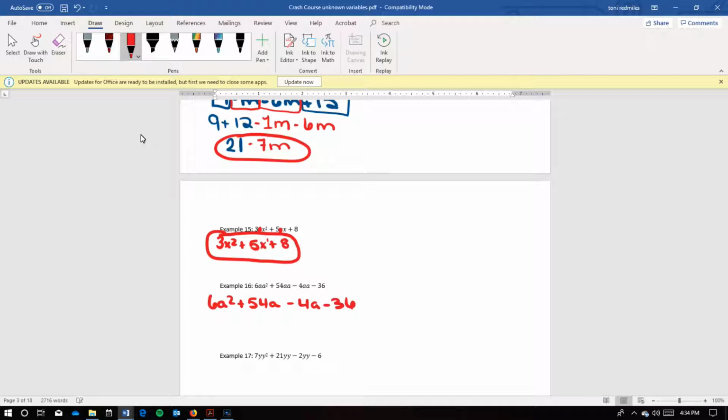In this one, nothing shares a like term with that a squared because none of the other a's have a square in it. So that one's just done. I'm going to write it in my ending answer.